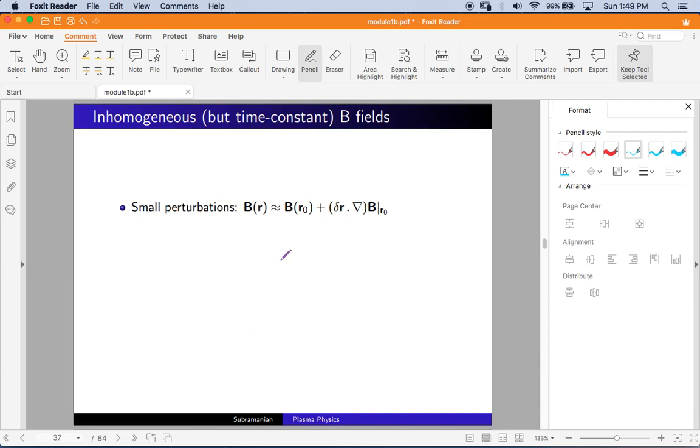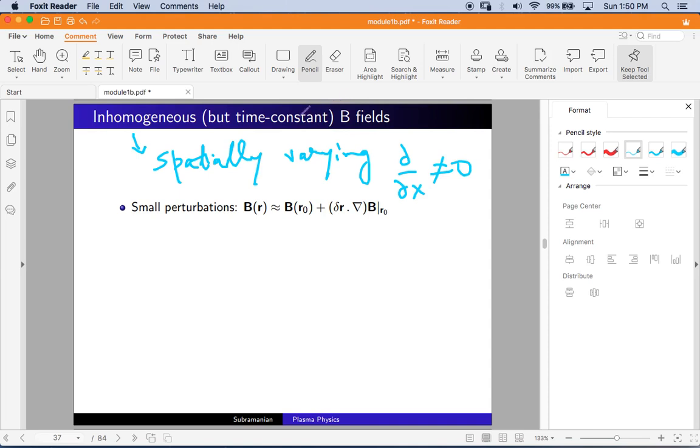So the next level of complication we will consider is inhomogeneous fields, inhomogeneous meaning spatially varying, but not very strongly so. Spatially varying meaning d over dx is not equal to 0.